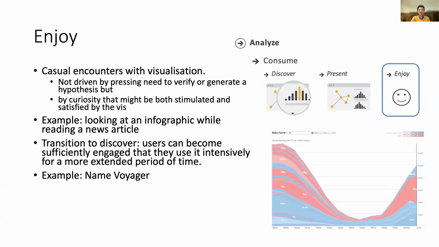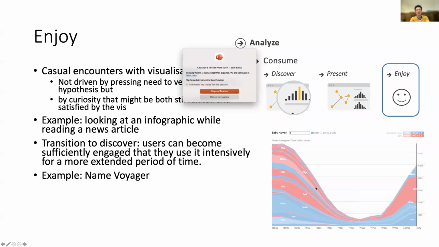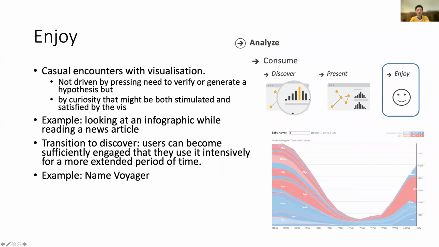I'm going to show you something like this. It's called Name Voyager, and it shows the popularity of names over time. It was published on a certain website, and if I click here, it should go to the website.